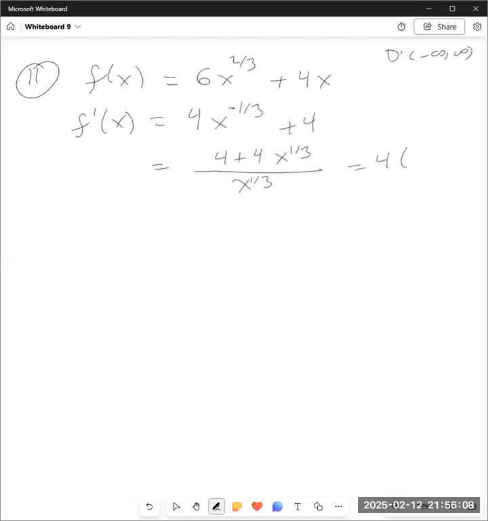It's 4 times x to the 1/3 plus 1 over x to the 1/3. So I have critical numbers of x equal to -1 and x equal to 0.